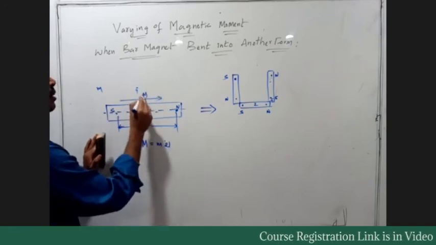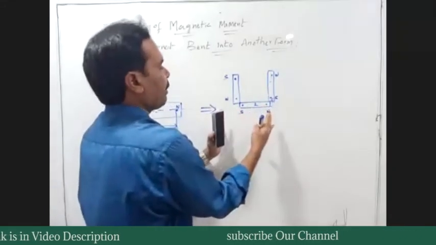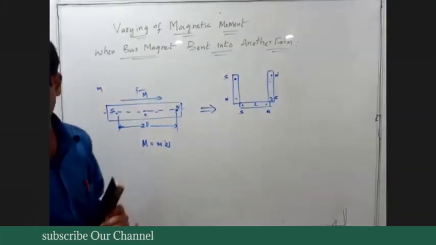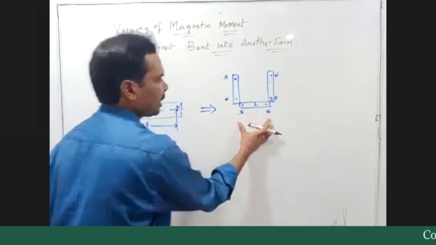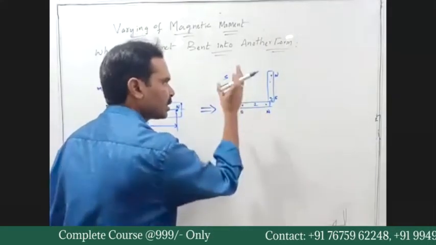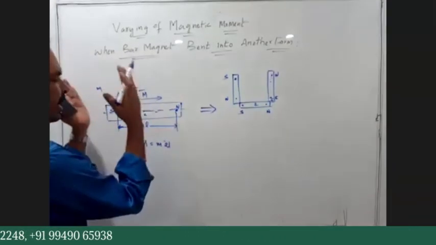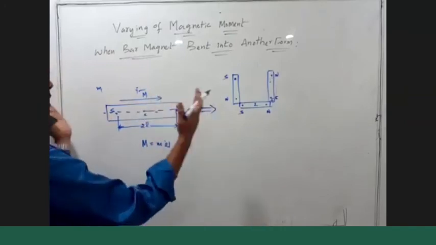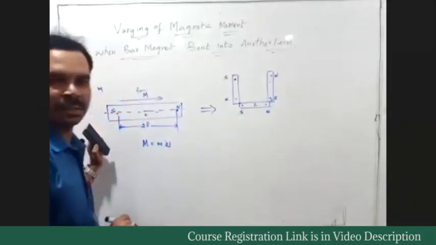This bar magnet is bent into a U shape by making 3 equal parts. So what is the new magnetic moment of this U-shaped magnet? How do you convert it into the U shape? You divide it into 3 equal parts, and the 2 parts on either side you bend into the vertical. Then you get the U shape.